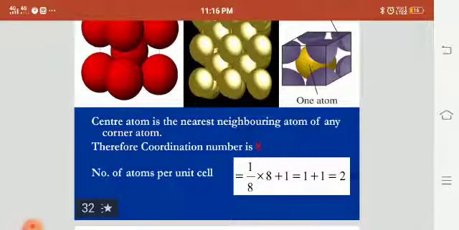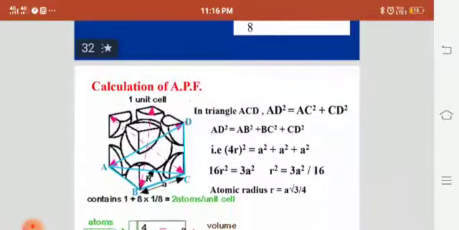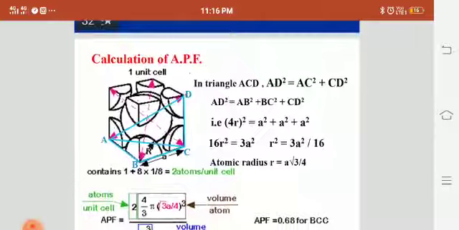This is because of the corner atoms. Then we have one body-centered atom which is not shared with any other cells. So totally we have 1 plus 1 is equal to 2, that is the number of atoms per unit cell for BCC structure is 2. Then we have the APF calculation.